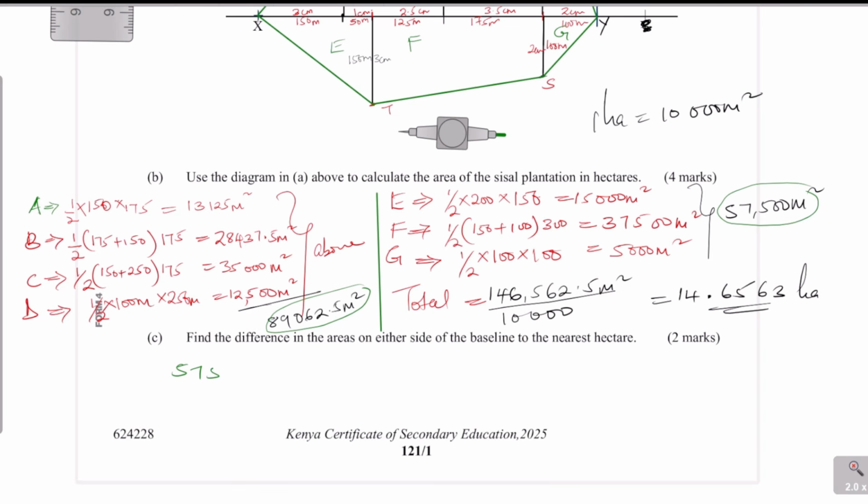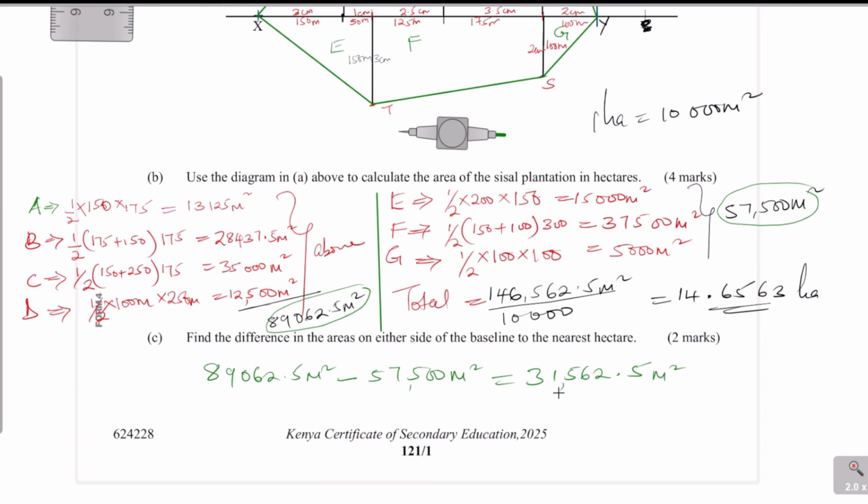The bigger one is the top, so you start with 89,062.5 meters squared, subtract 57,500 meters squared.